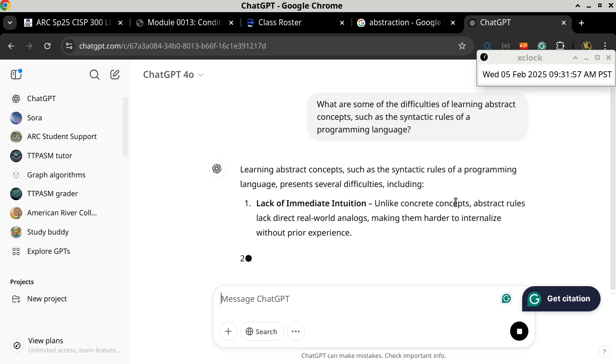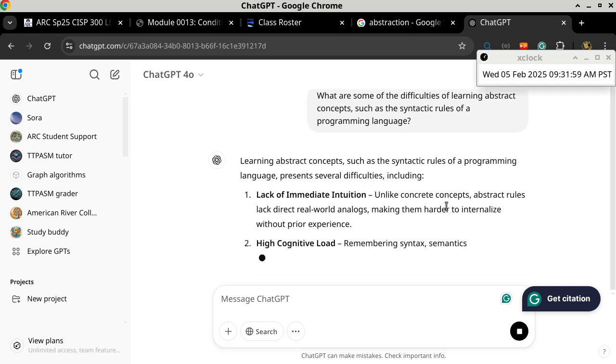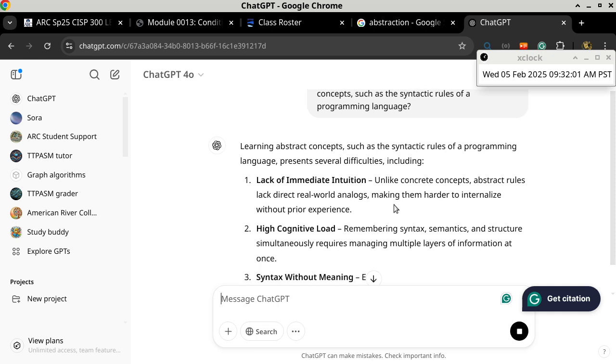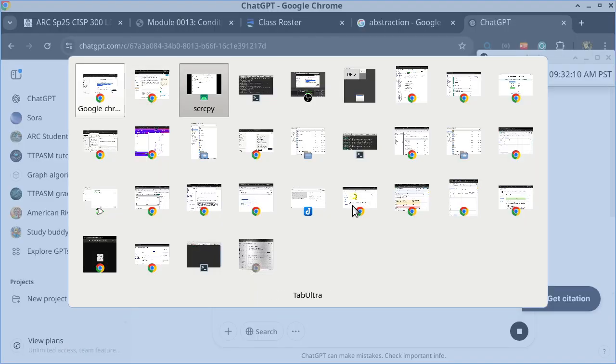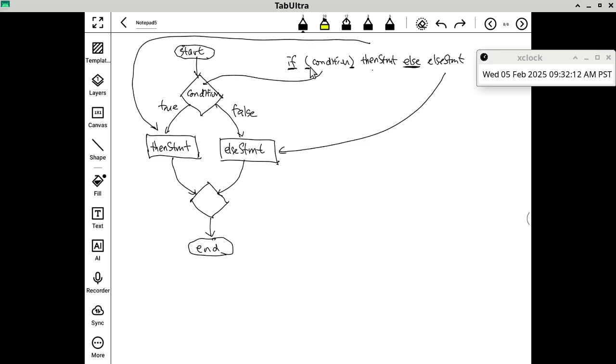Lack of immediate intuition. Unlike concrete concepts, abstract rules lack direct real world analogs. So that's kind of what I was trying to do earlier: let me go back to the picture so that it's concrete. Think of this as a form. There are three empty boxes on that form. One empty box says, what is the condition?